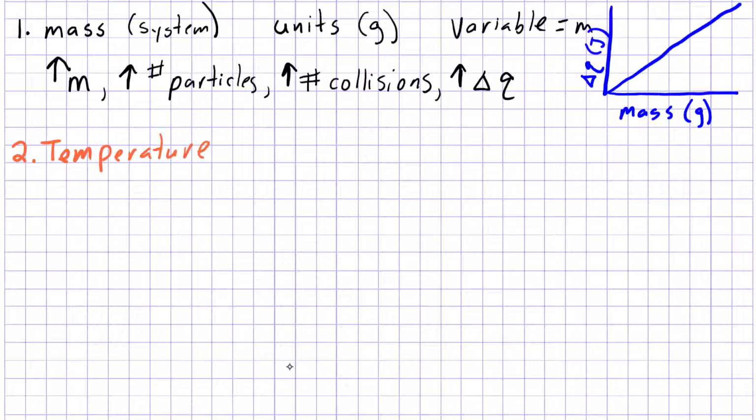Remember that our temperature was the average kinetic energy. And so our variable that we're going to use to represent temperature is a capital T. Yes, it must be a capital T. Why? Because that's what it is.